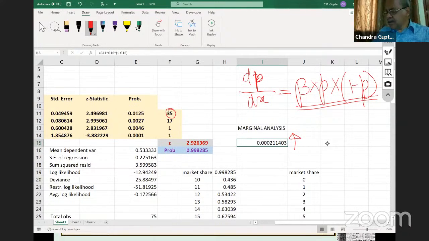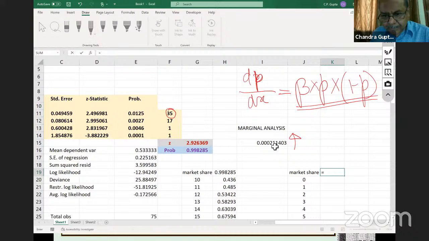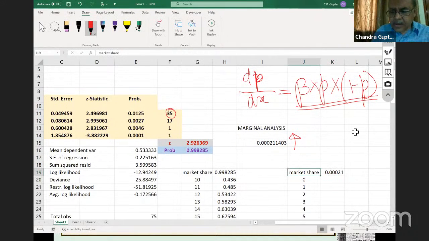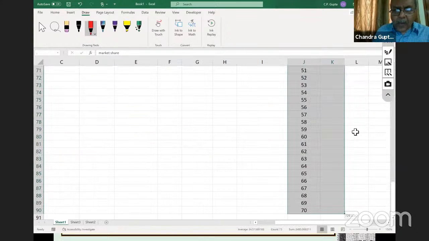Okay, let's see how do we do it. Suppose I put this formula here and I make the data table.